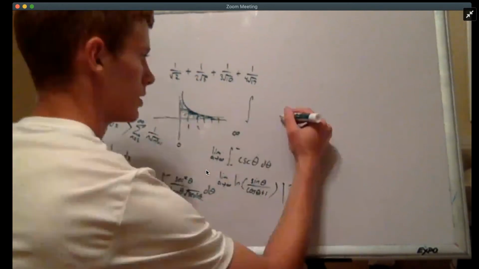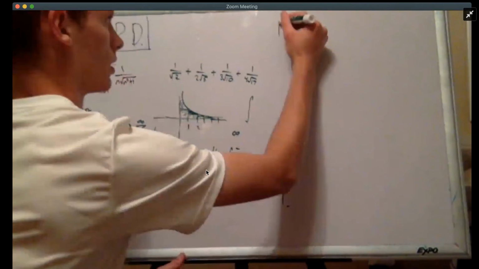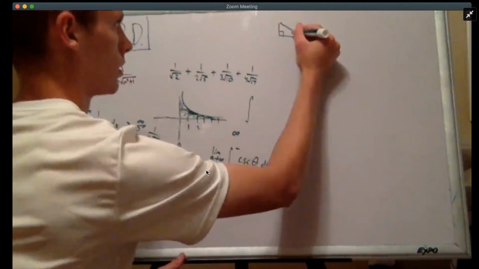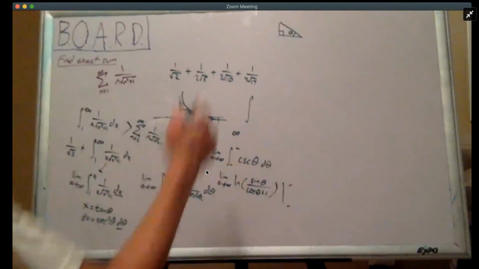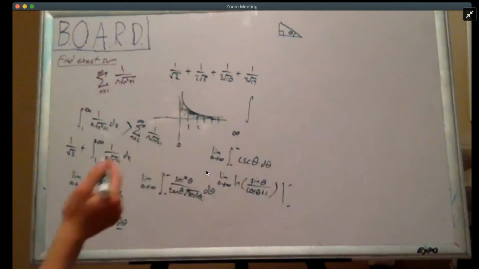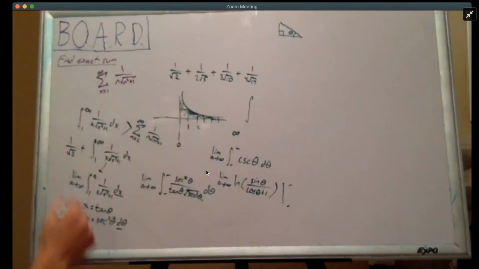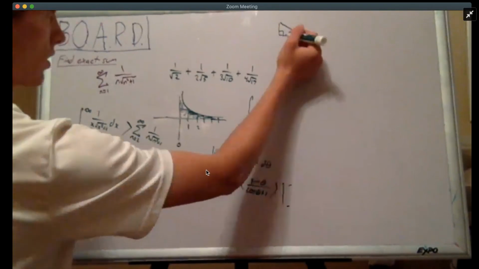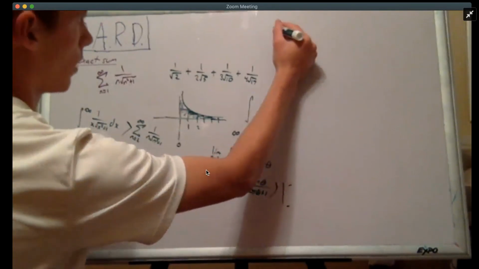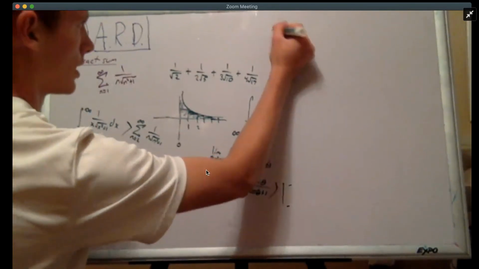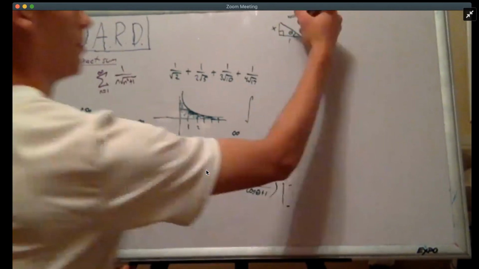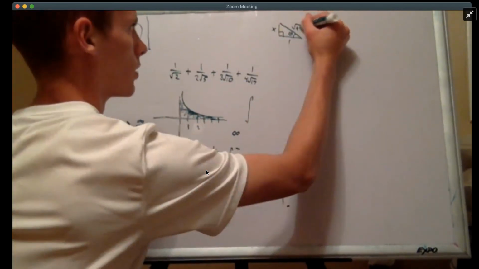To get out of terms of theta, we're going to draw this triangle here, angle theta, and we know that the tangent of theta is equal to x. So SOHCAHTOA, we have TOA, opposite over adjacent, is x over 1, making this square root of x squared plus 1.